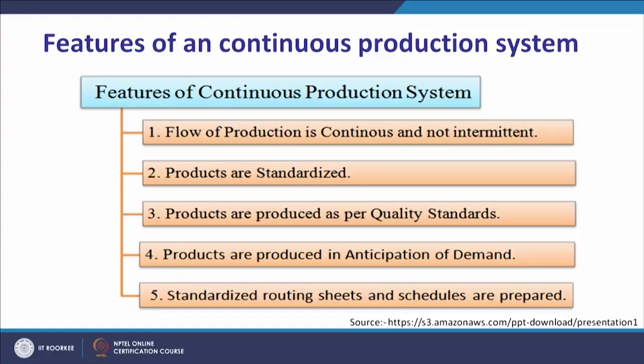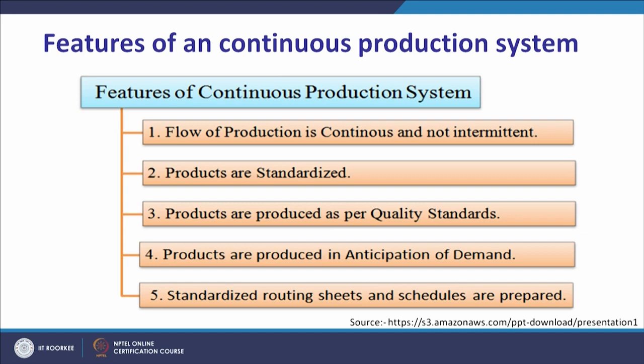Features of a continuous production system are: flow of production is continuous and not intermittent. Products are standardized here. In the previous case, product design is changing continuously. Here the products are standardized. One example of a continuous production system can be manufacturing of automobiles.